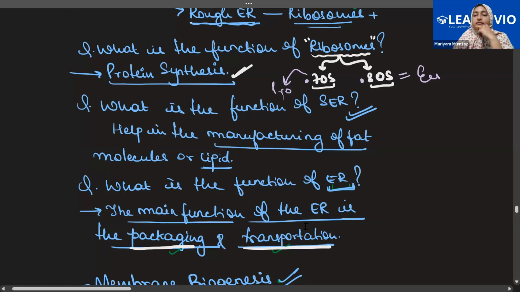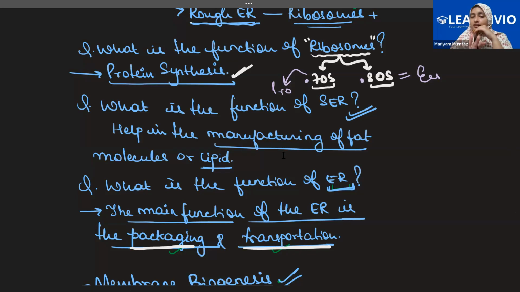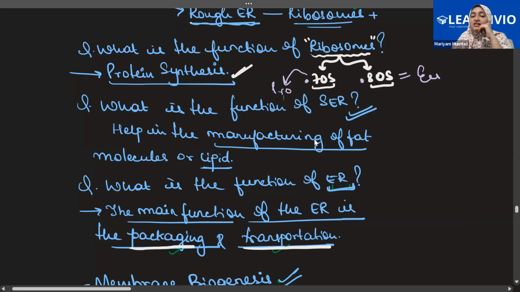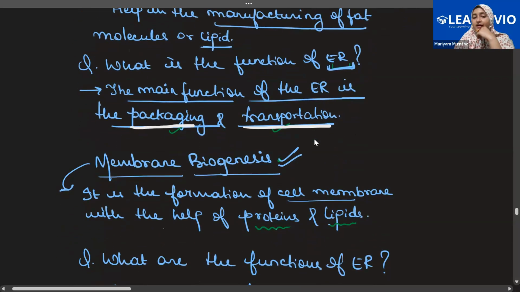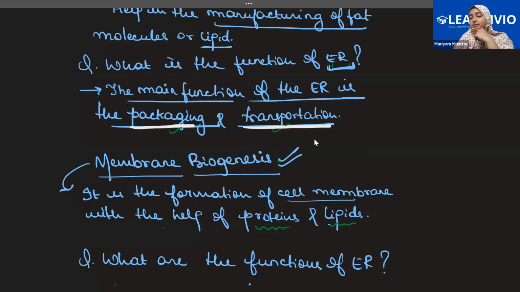Now talking about the function of smooth endoplasmic reticulum. It helps in the manufacturing of fat or lipid molecules. It does not synthesize protein, but rather it synthesizes fat and lipid molecules. In general, the function of the endoplasmic reticulum is packaging and transportation.